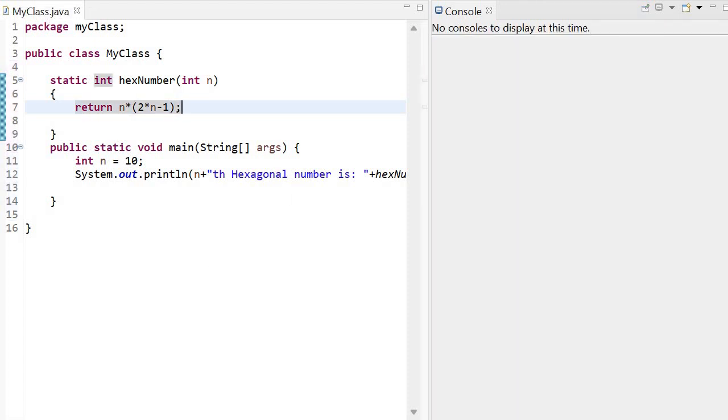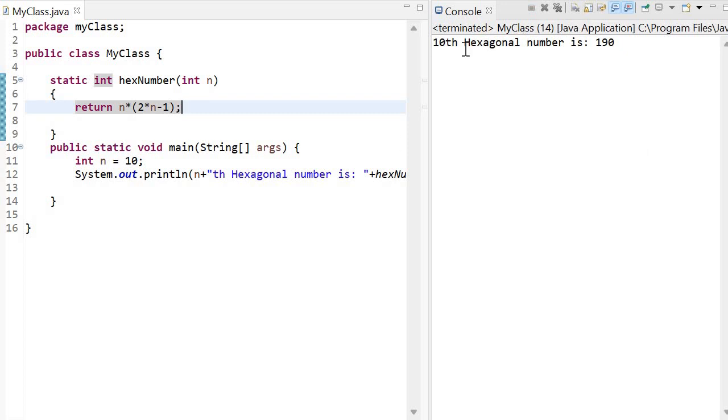Now let me calculate it. The 10th hexagonal number is printed. Similarly, if the value of n is 6, the hexagonal number will be 66.